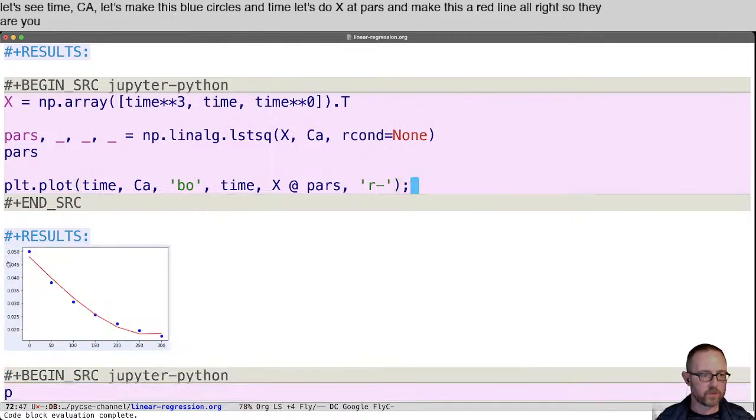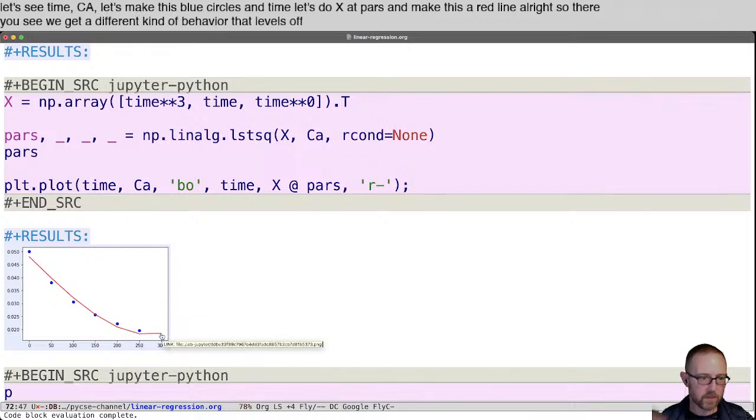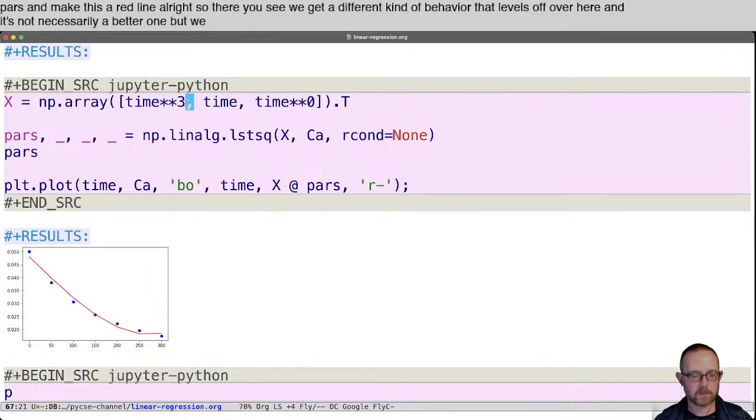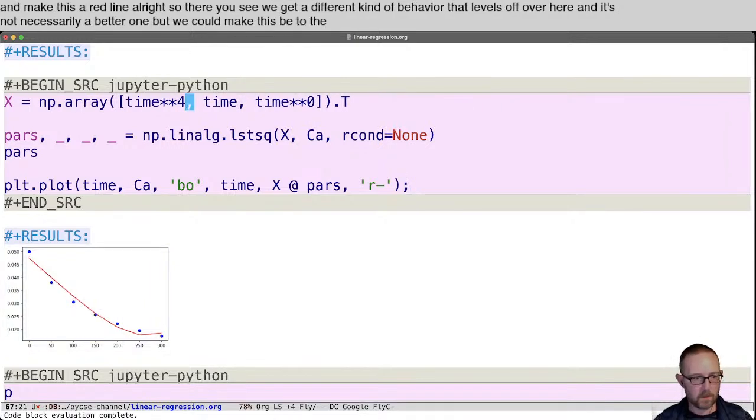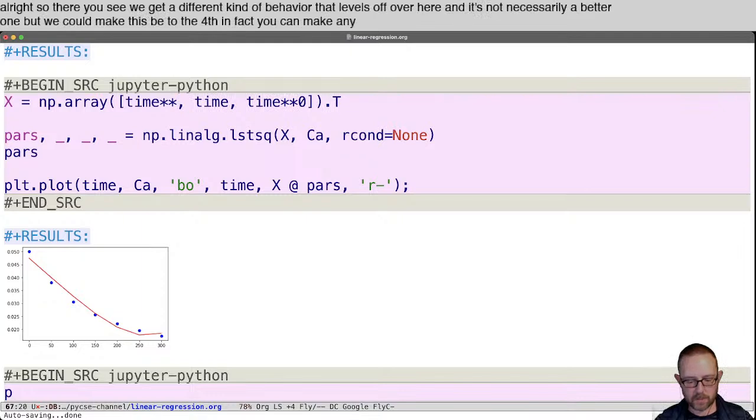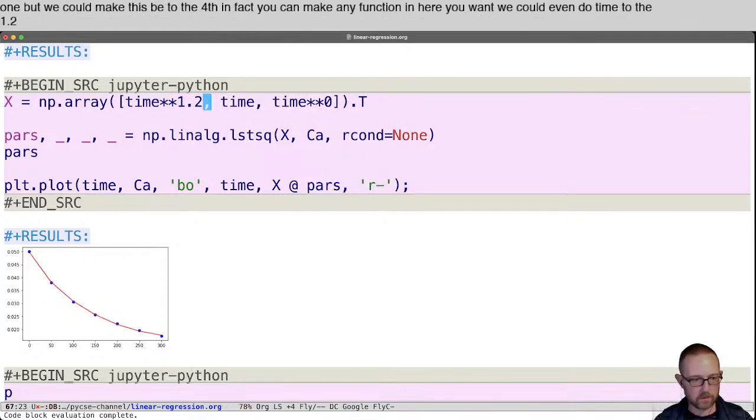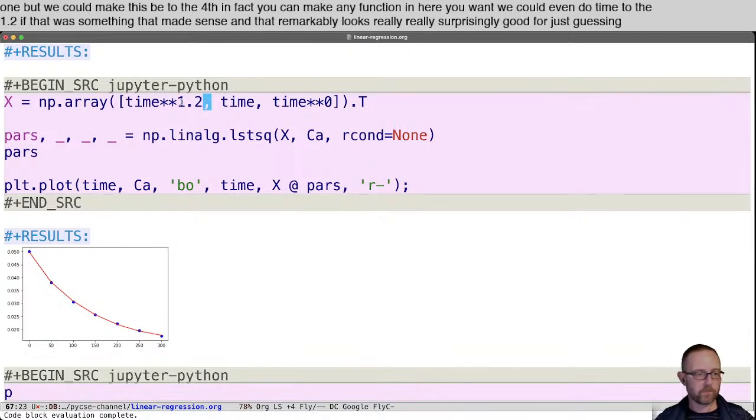All right, so there you see we get a different kind of behavior that levels off over here, and it's not necessarily a better one, but we can make this be to the fourth. In fact, you can make any function in here you want. We could even do time to the 1.2 if that was something that made sense. And that remarkably looks really, really surprisingly good for just guessing at 1.2.